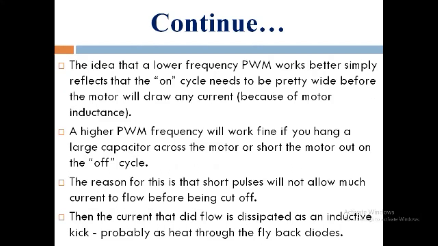A higher PWM frequency will work fine if you hang a large capacitor across the motor or short the motor out on the off cycle. The reason for this is that short pulses will not allow much current to flow before being cut off. The current that did flow is dissipated as an inductive kick, probably as heat through the flyback diodes.